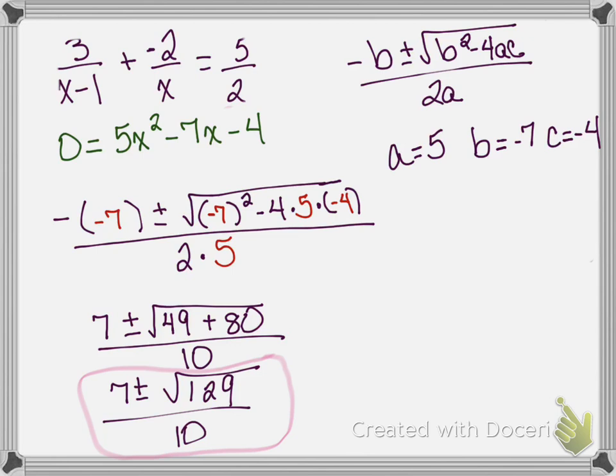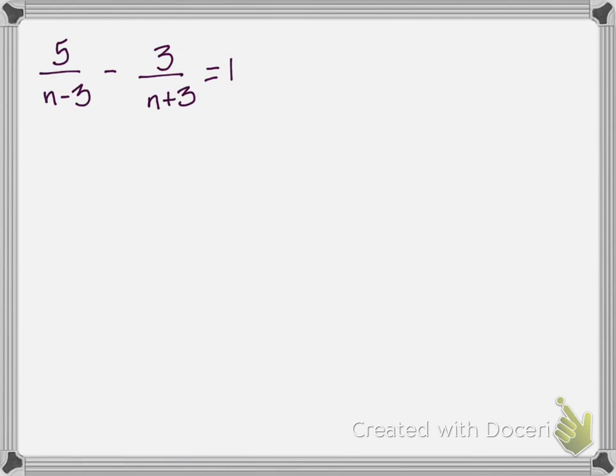Now, I want to do another one like this. And then I want to do a couple problems from the quiz. Okay, so I have 5 over n minus 3 minus 3 over n plus 3 equals 1. The first thing that I'm going to do to make this clear and try to prevent a mistake is I'm going to do plus negative 3.